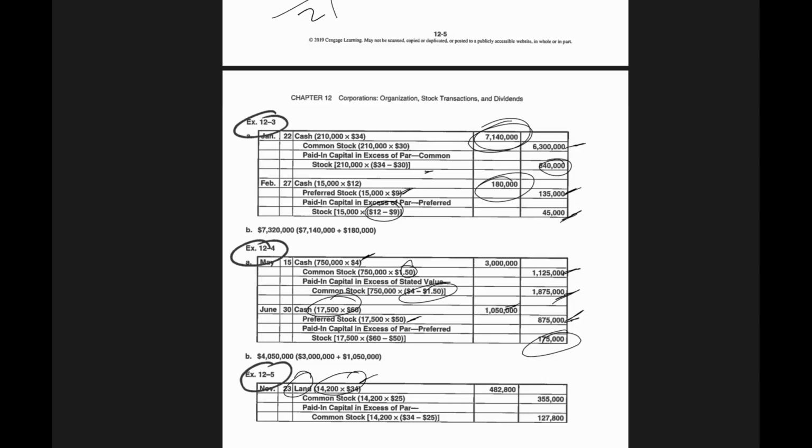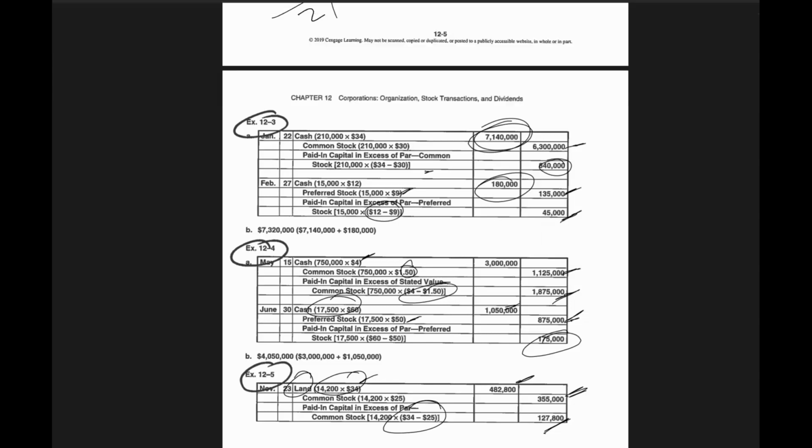So 14.2 times 34 is this amount, and again we're going to credit common stock at par, so 14.2 times $25, and the difference between the 34 and the 25 is going to go to additional paid in capital, or paid in capital in excess of par.